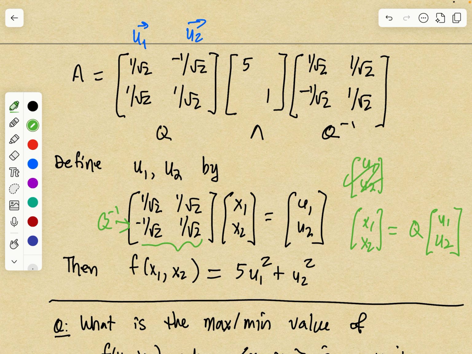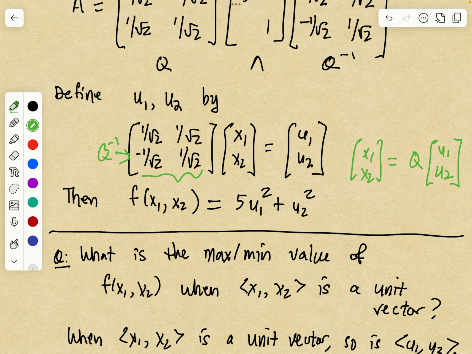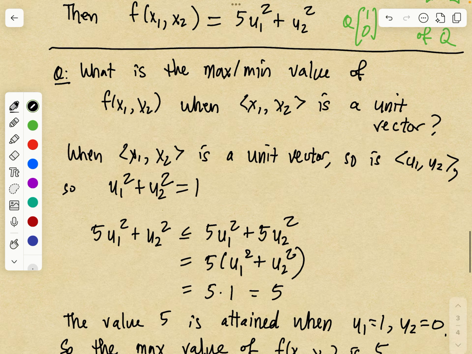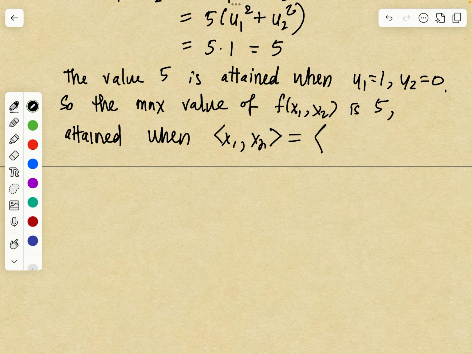Right, just by multiplying on the left by Q. And so if u1 is 1 and u2 is 0, then x1, x2 is just going to be the first column of Q. So Q times 1, 0 is the first column of Q. And that's this eigenvector u1. So it's when x1, x2 is 1 over root 2, 1 over root 2.